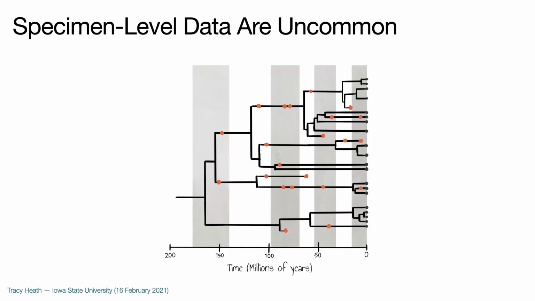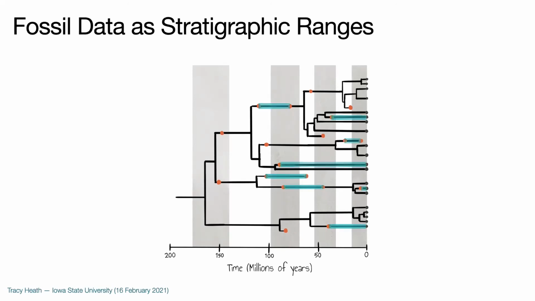And so instead, fossil data are often curated and collected and described as stratigraphic ranges. And so in this case, there may be some fossil species that are known from only one specimen, where others are known to be found from specimens in different formations or different time intervals. And these are essentially described as stratigraphic ranges.